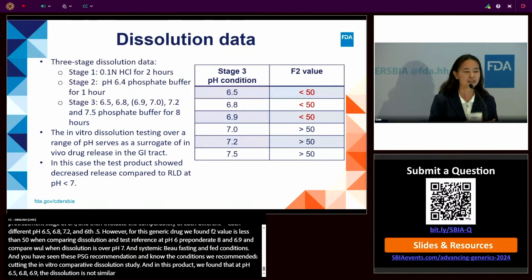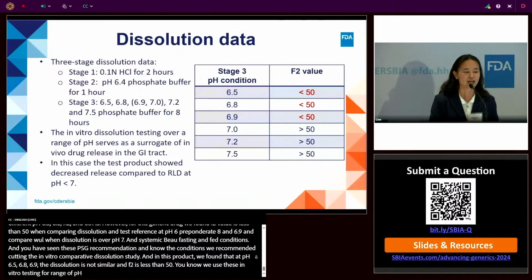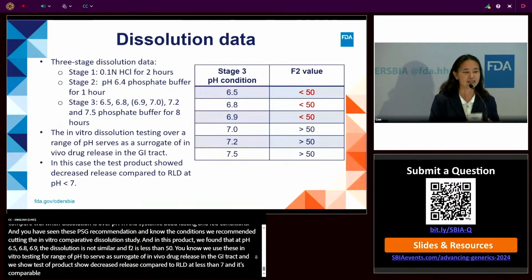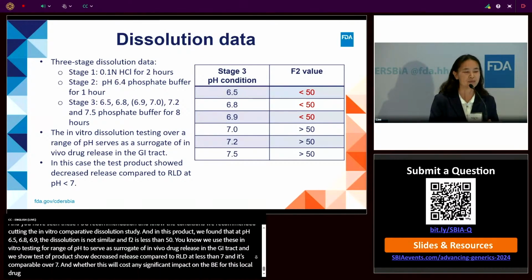We use in vitro dissolution testing over a range of pH to serve as a surrogate of in vivo drug release in the GI tract. And we see that the test product shows decreased release compared to RLD at pH less than 7, but it's comparable at pH over 7. Whether this will cause any significant impact on the BE for this local drug, a GI locally acting product, we will use PBPK modeling to help provide some evidence.